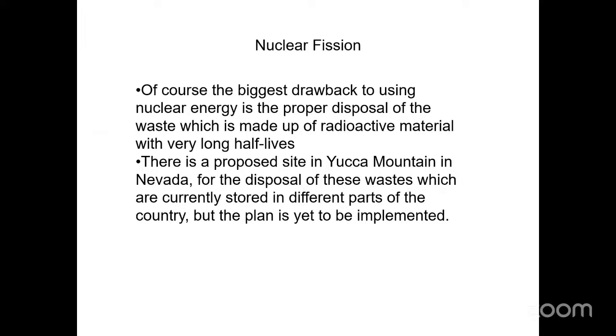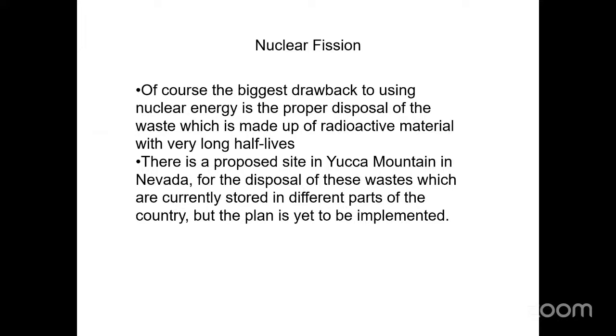And basically what has happened over the years is that there'll be suggestions as to how to do it, and then there are people in Nevada, especially those people who live in Las Vegas. If I remember correctly, Las Vegas is about 100 plus miles from there. Those people are not comfortable with the disposal of waste in Yucca Mountain. Now, there's a video I want to show you, which goes into this in more detail.